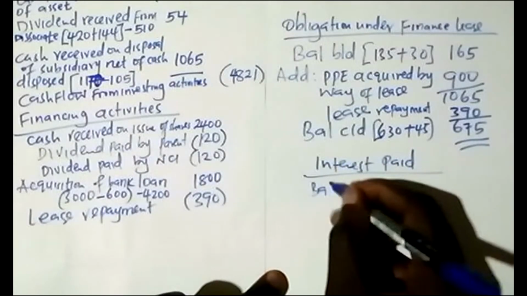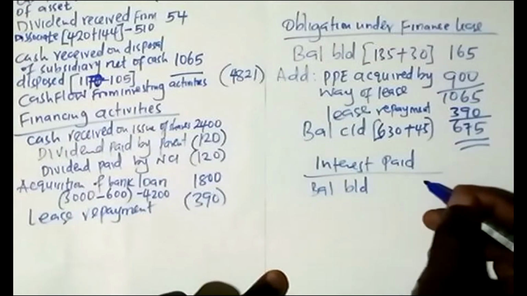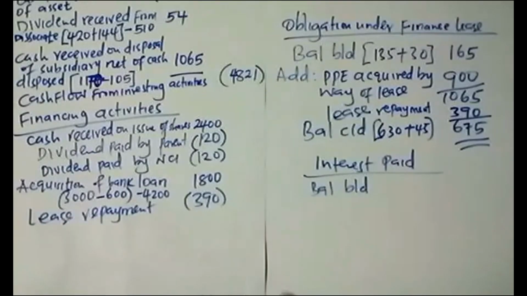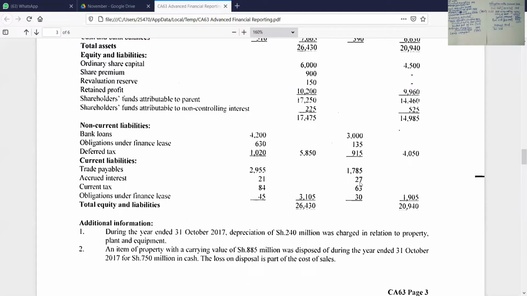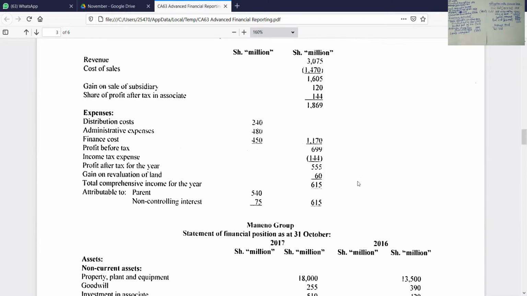So for the accrued interest, balance brought down is 27. Then after that 27, I need to add the one for the year, the finance cost, which is 450. This one is given under the income statement.